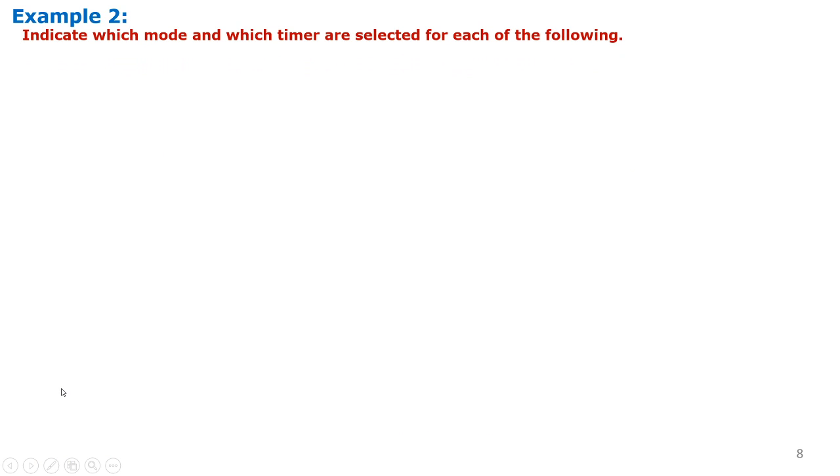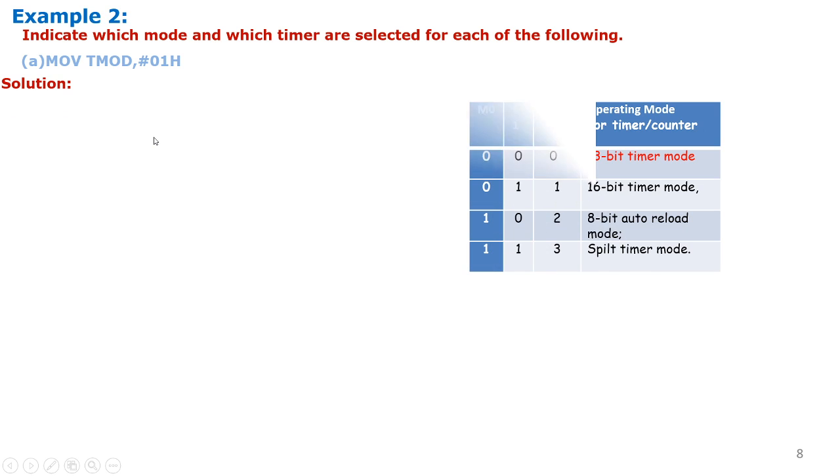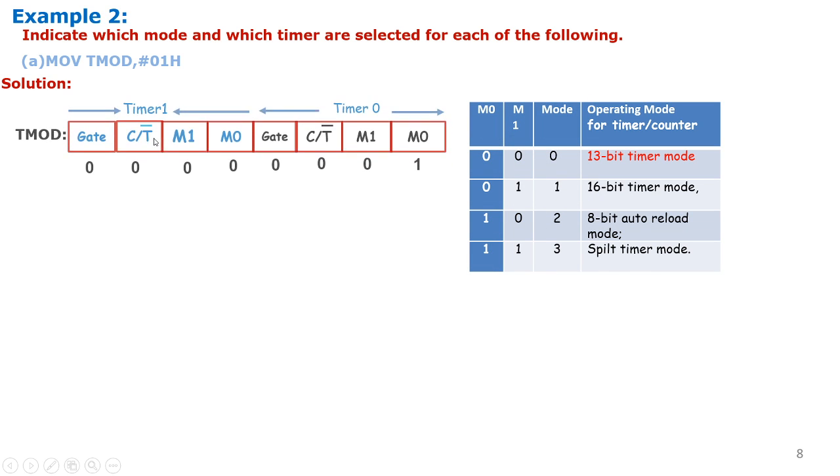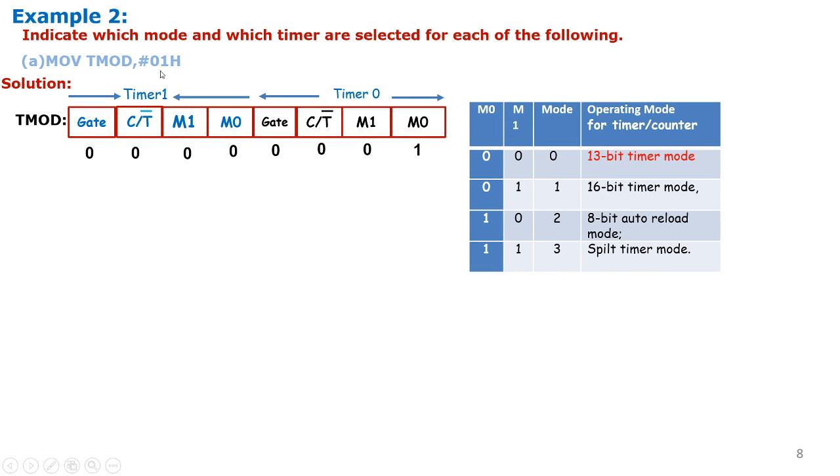Example 2: indicate which modes and which timers are selected for each of the following. If we have the instruction MOV TMOD, #01H, then the mode will be selected like this. Now see, the content will be 01H. 0 means 0000 and 1 means 0001.